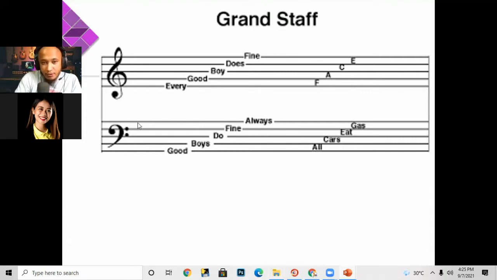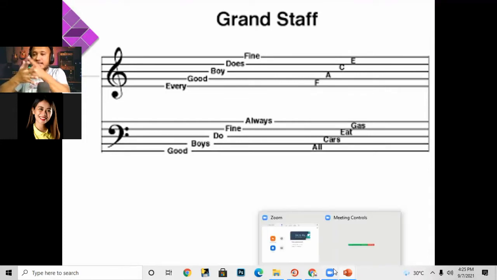And then for the bass clef, so that is how to read notes on a G clef. But for a bass clef, the lines are: good boys do fine always, or G, B, D, F, A. For the spaces, all cars eat gas.